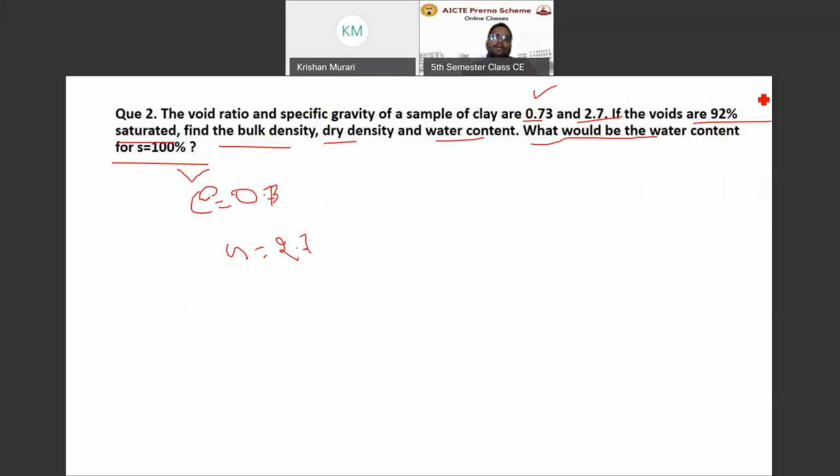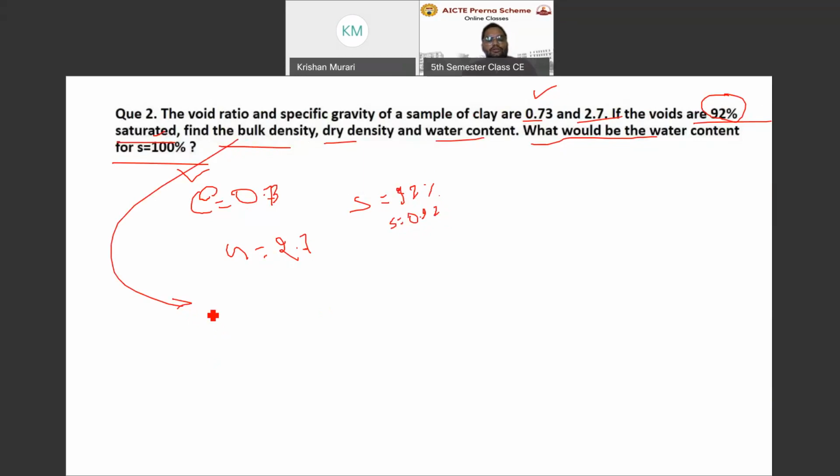Next, the voids are 92% saturated, that means the saturation condition is 92%, so the value of S equals 92% or 0.92. Now find the bulk density.